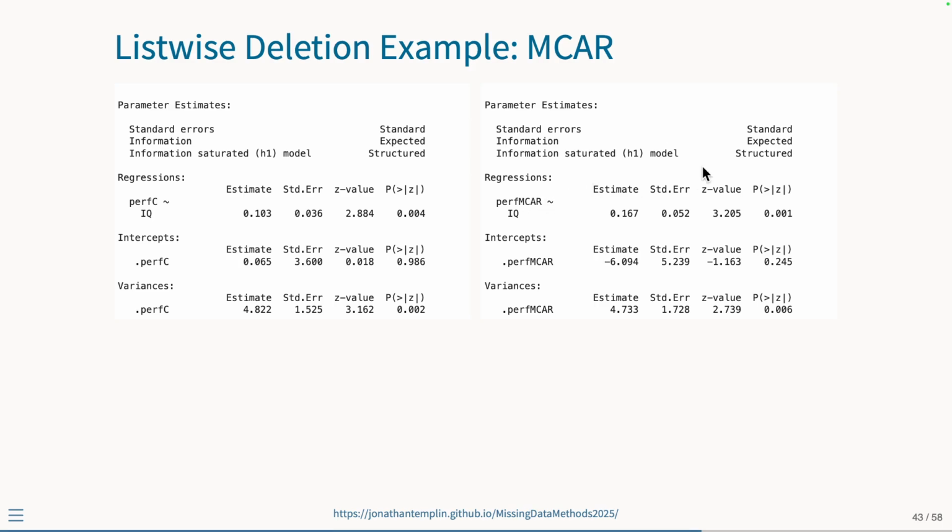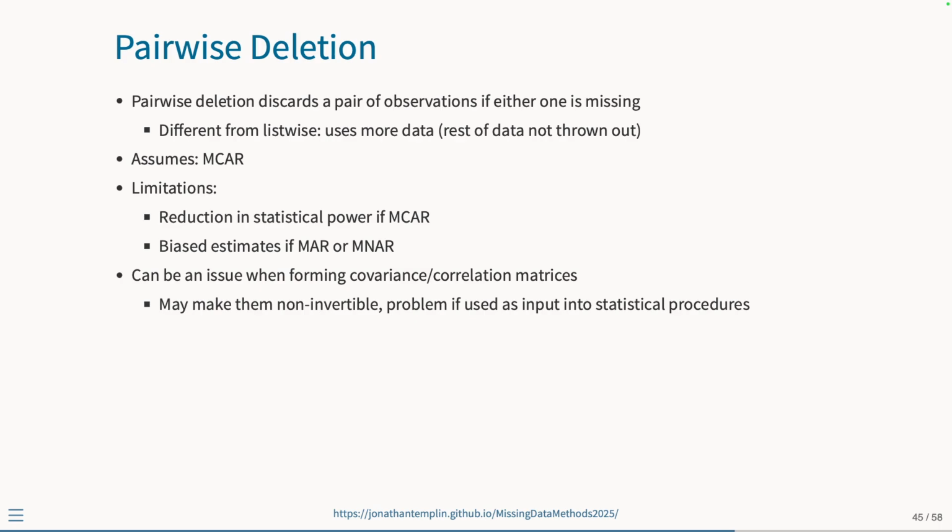So this is lavaan estimating this, but because I left IQ out, it's not part of the likelihood function, so it's not getting that maximum likelihood benefit that we're talking about. And here, the complete data estimate for the slope was 0.103. For the missing completely at random, it's 0.167. The intercept really changes. So a little bit of an example. And here's your missing at random version as well.